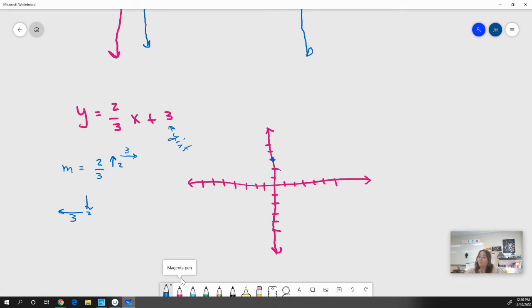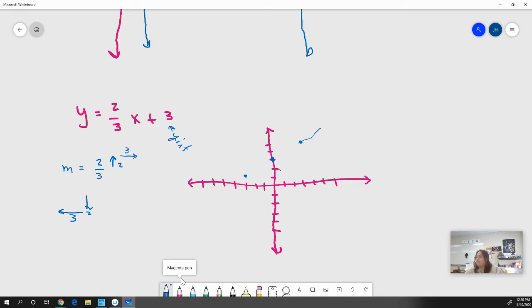So my options are I could go up 2, 1, 2, and over 3. Or I could go down 2 and -3, right? Same result. Notice how they all fall into that same line because the slope never changes. It's always up 2 over 3, up 2 over 3. And I can do this forever.